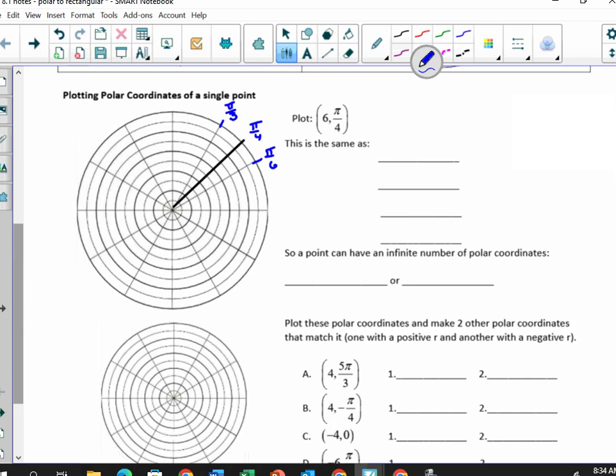Plot it first. Does anyone else get a little bit dizzy when you count your rings? Yeah. Wow, that's like moving.